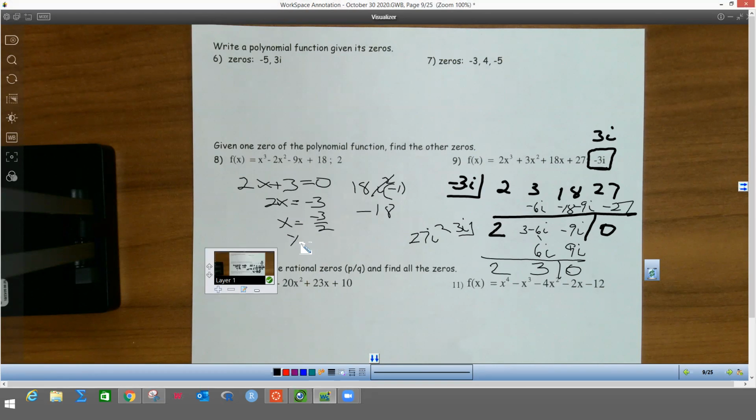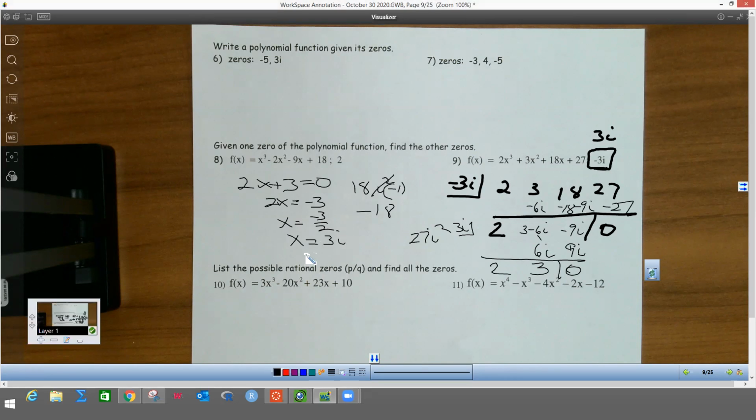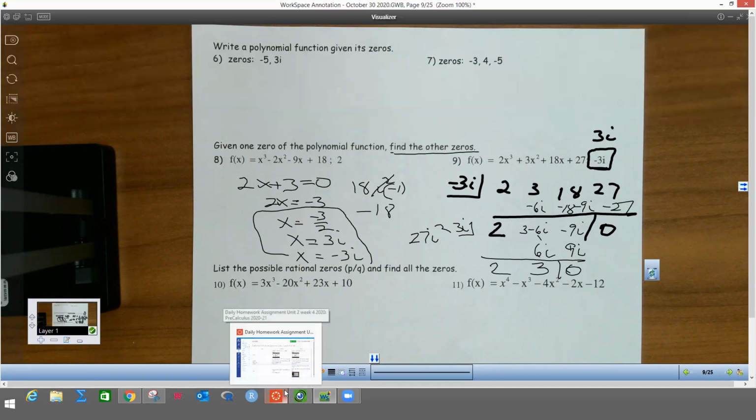So all my x values here are x equals negative 3/2, x equals 3i, and x equals negative 3i. So those are my 3 zeros. Now I said find the other zeros, so you didn't have to put the negative 3i, you had to put those two. But if you put the negative 3i, I'm not counting it wrong because it is a 0, even though they gave that one to you.